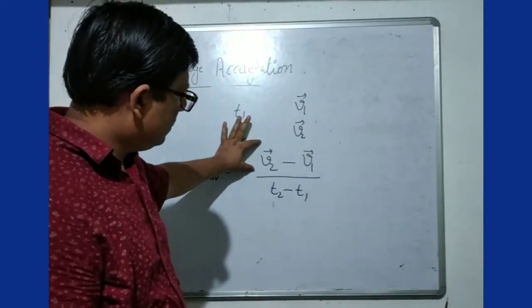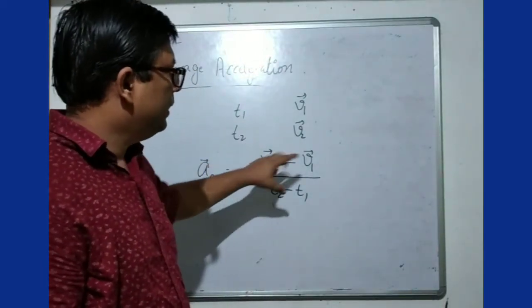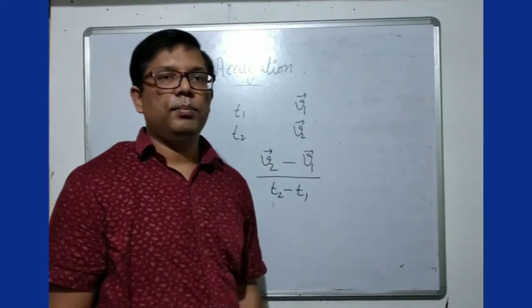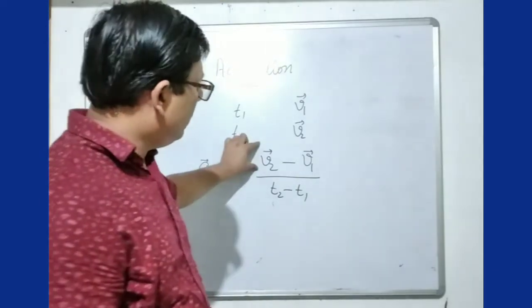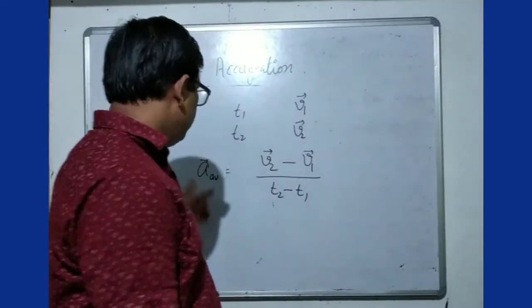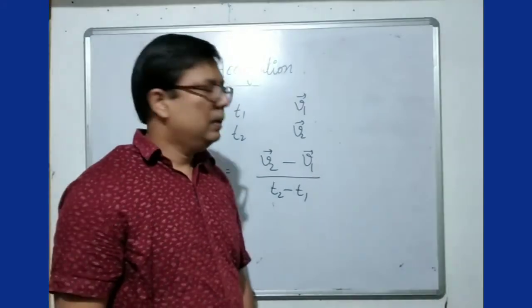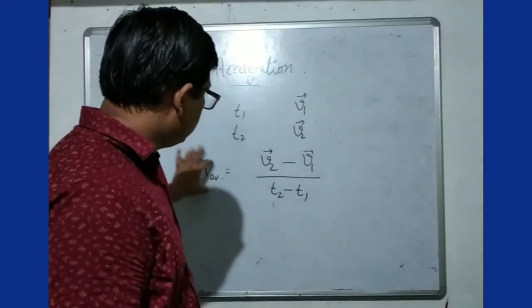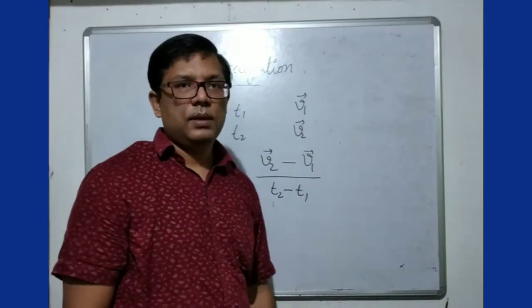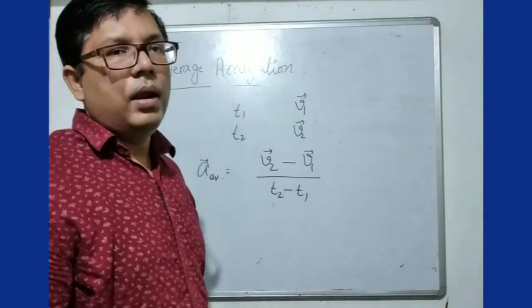Now if the final velocity is more than the initial velocity, then average acceleration will become positive. If final velocity is less than initial velocity, then average acceleration will become negative. So the average acceleration also depends upon the directions and magnitude of the velocity.